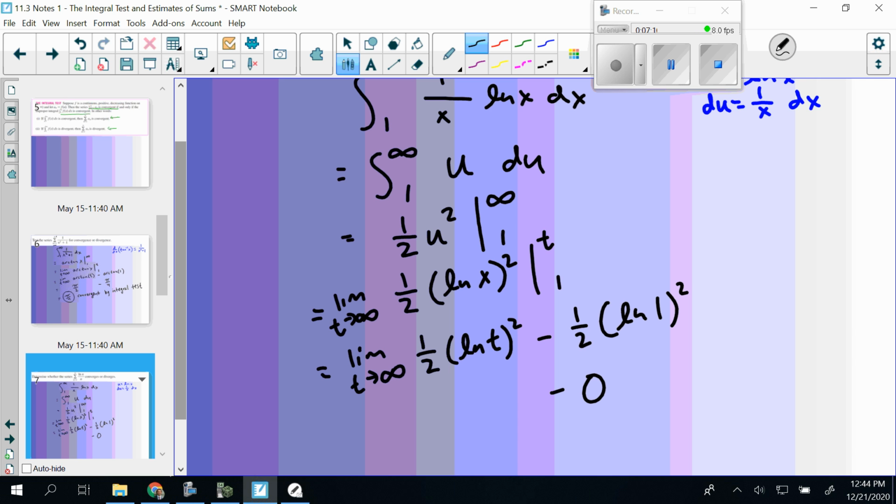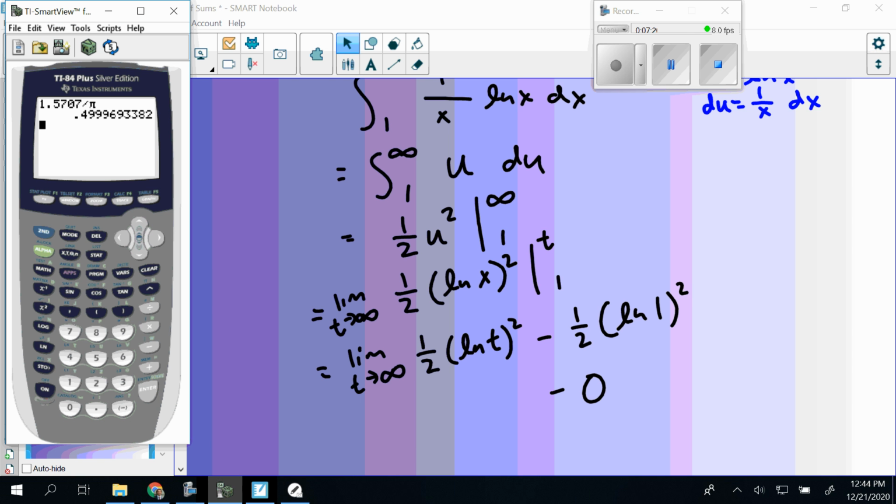What about our limit here? What does this do? Well, what's the graph of natural log going to do as you go to infinity? If you graph out natural log here, we've seen this graph before. Looks like this. It's going to keep increasing and increasing and increasing on the right hand side there.